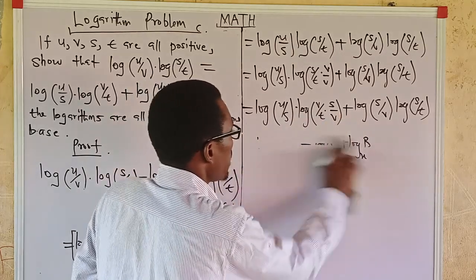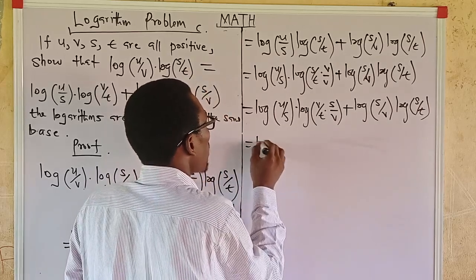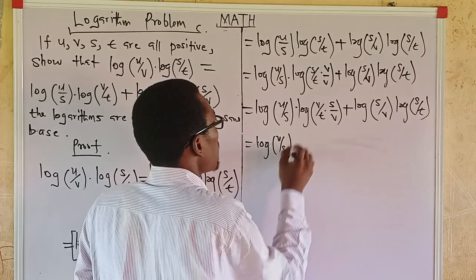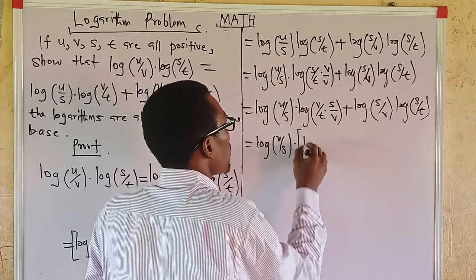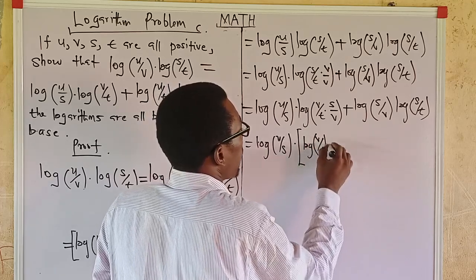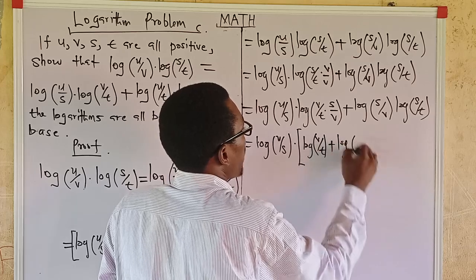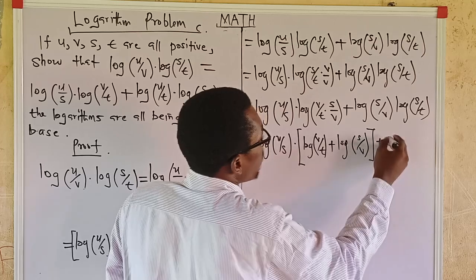So let me remove this from here. We have this as log to an arbitrary base of U over S multiplied by, now we apply this law again, log to an arbitrary base of V over T plus log to an arbitrary base of S over V. Can you see that? All right, so the work is coming out gradually.